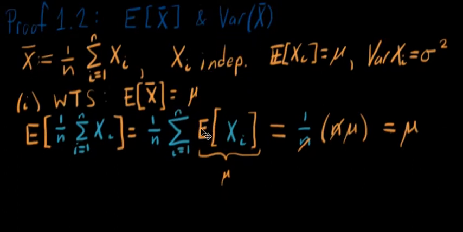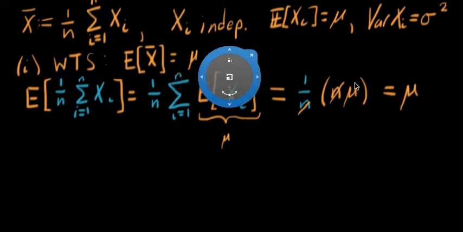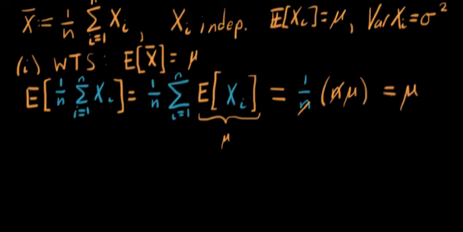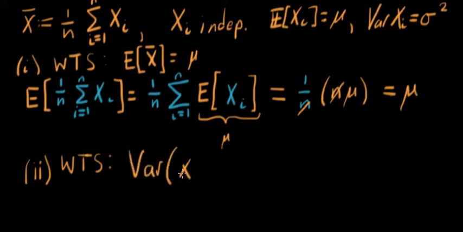The second part of the proof asks us to show that the variance of x bar is equal to sigma squared over n.